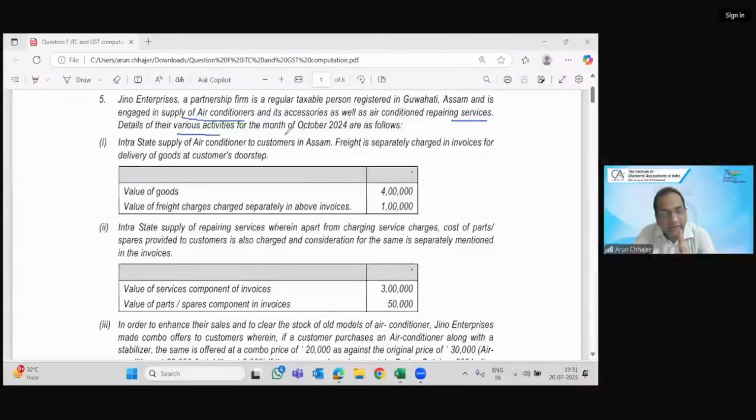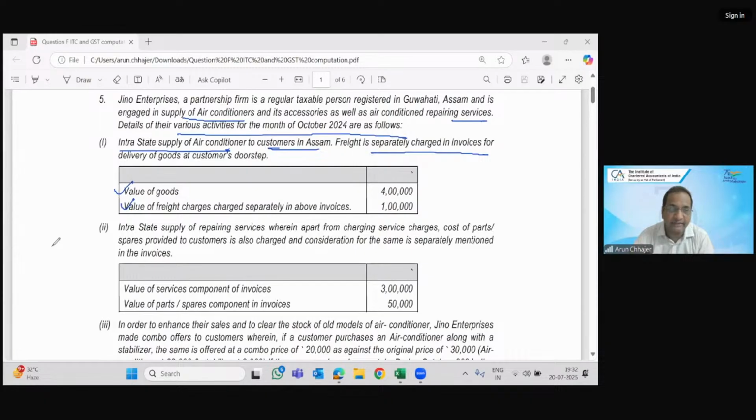Details of their various activity for the month of October 24 are as follows. Intrastate supply of air condition to the customer in Assam. Freight is separately charged in the invoice for the delivery of the goods at the customer doorsteps. Goods value 4 lakh rupees, freight charged separately 1 lakh rupees.